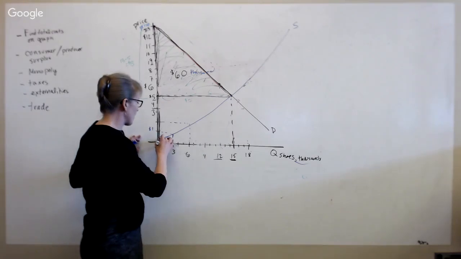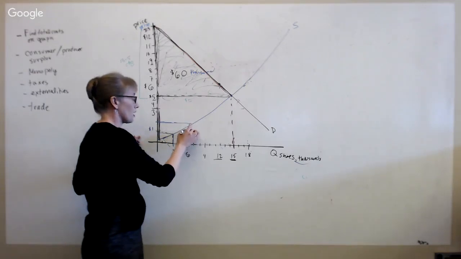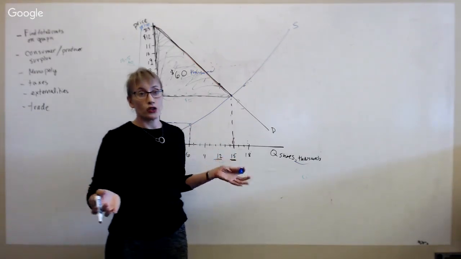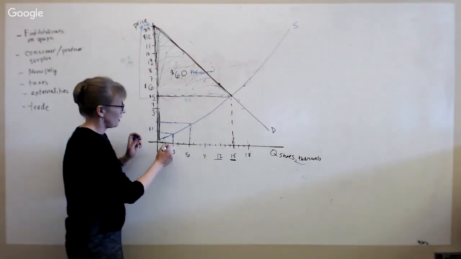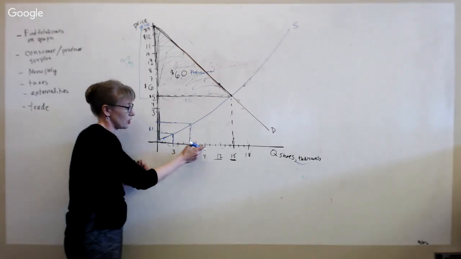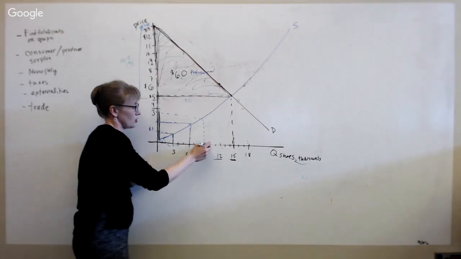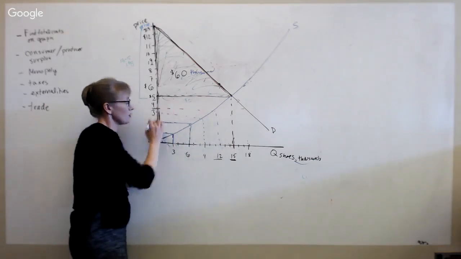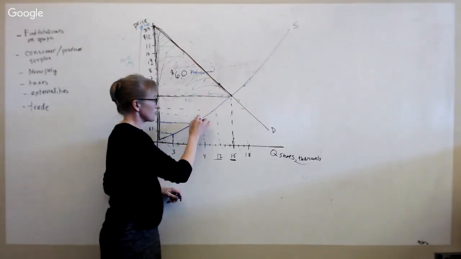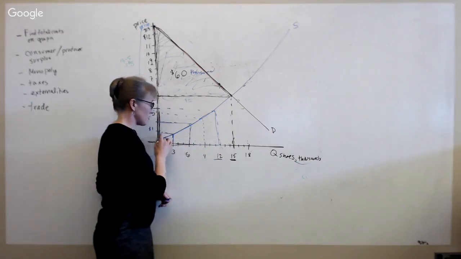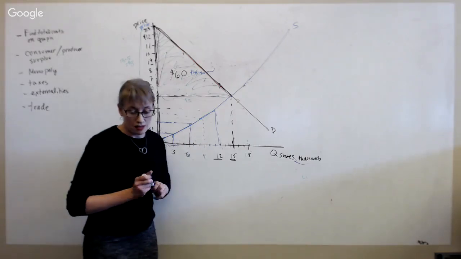And so we would measure the total revenue, or the total value that producers would receive if they brought each shoe to market here. But this is our marginal cost curve, and the total costs that producers would face is represented by this area under this supply curve.